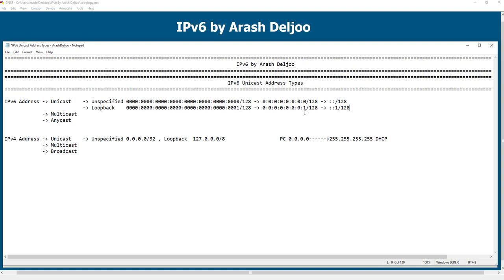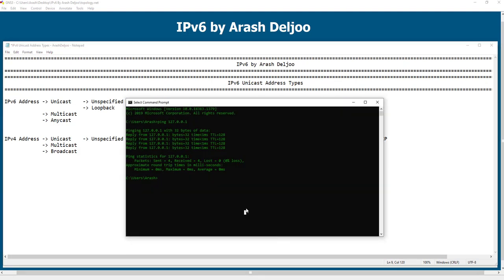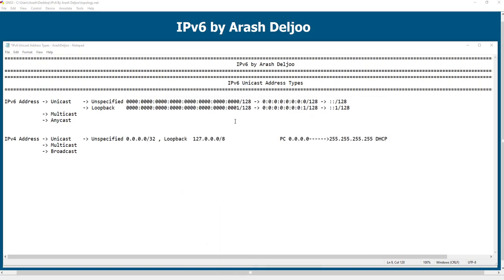You can check the availability of TCP/IPv6 in your system by checking connectivity to this IP. Look here in my CMD, ping ::1. This is the IPv6 loopback unicast address. Let's check it. And now you can see we received a reply from this IP. This means that TCP/IPv6 is installed in my system and I can use it. Very good. This is the second type of IPv6 unicast address, the loopback IPv6 address.